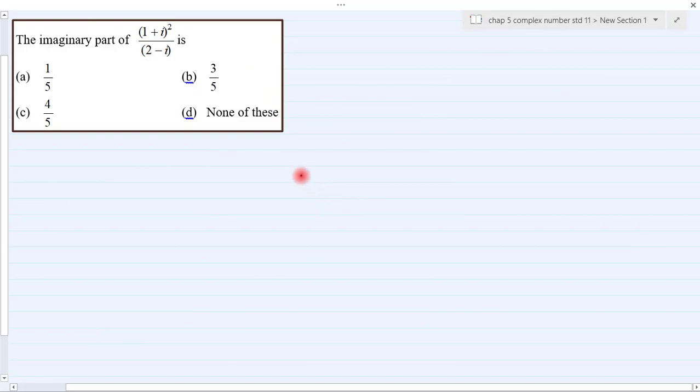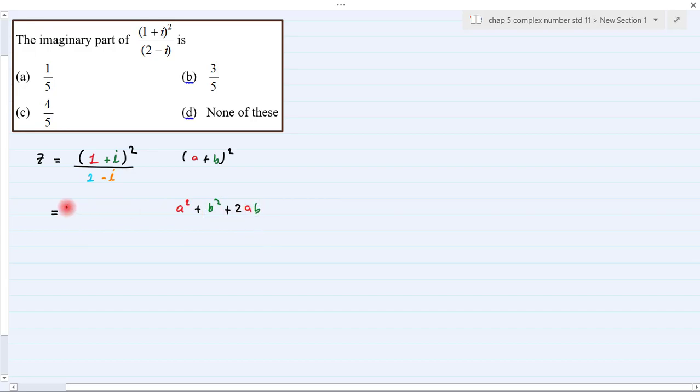In this question, you have to find the imaginary part of (1+i) the whole square upon 2−i. So let's simplify. In the numerator, we have (a+b) the whole square, which can be expanded as a square plus b square plus 2ab.